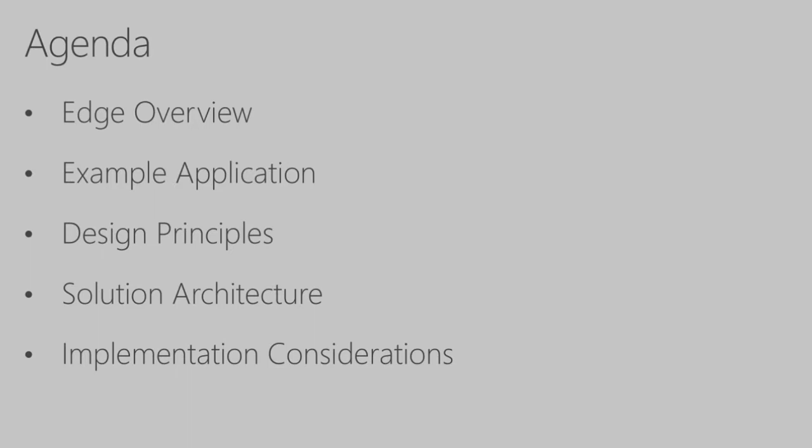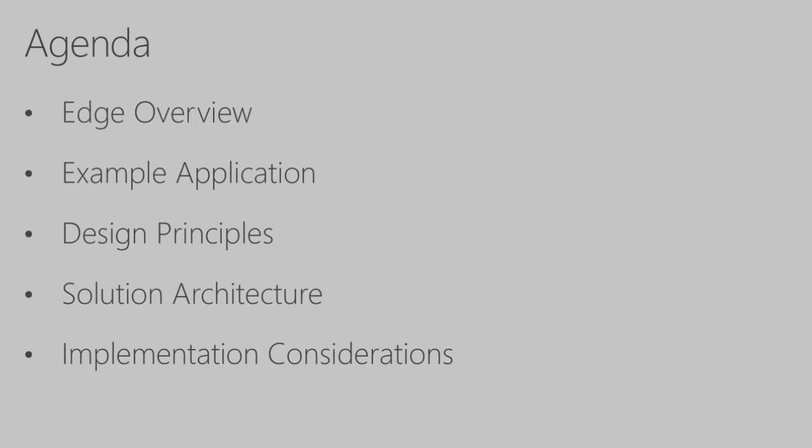First, we'll talk about what it means to have an edge device or edge compute, and then go through an example application that we think really emphasizes the power of an intelligent edge and an intelligent cloud. We're going to go through some of the design principles we used to create this application. If you've been in any other Azure Stack sessions this week, you may have seen what are called hybrid patterns, building blocks to put together an application that uses Azure and Azure Stack together.